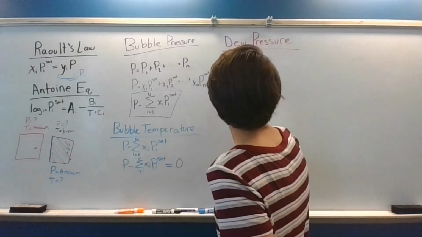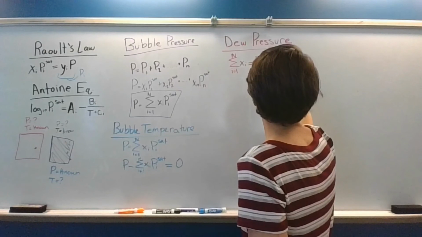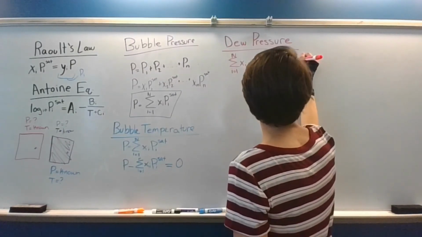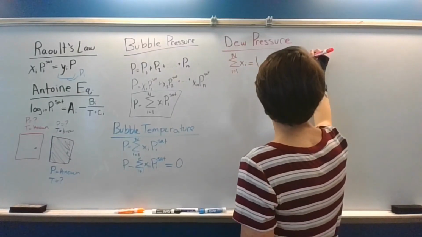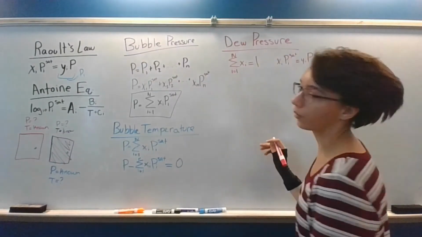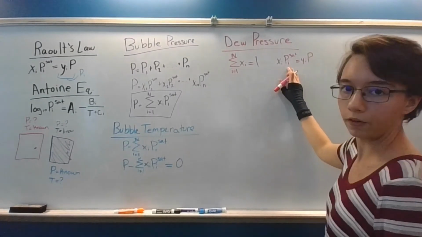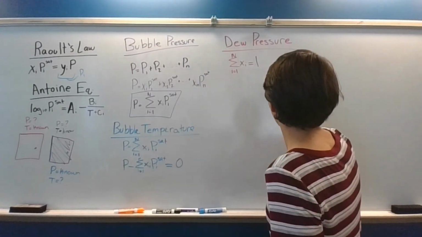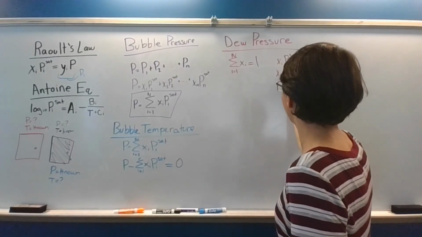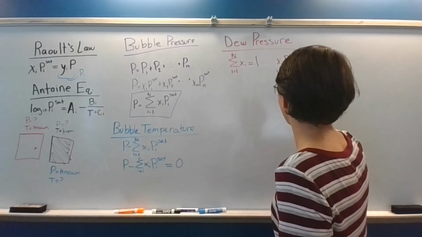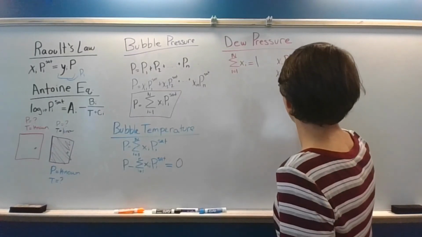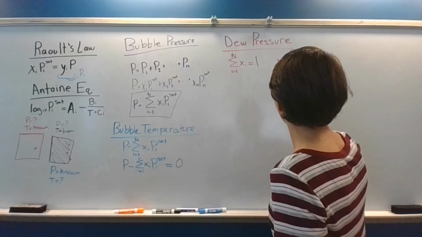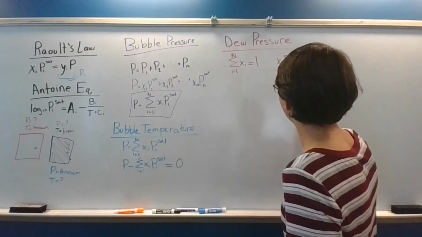So we have Raoult's law divided across by the pure component vapor pressure. We'll have the mole fraction in the liquid phase equal to the mole fraction in the vapor phase times the total pressure over the pure component vapor pressure.